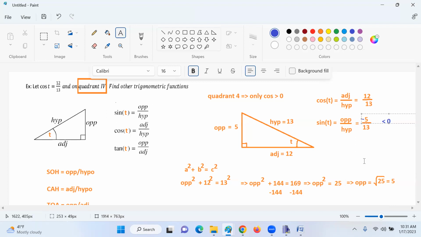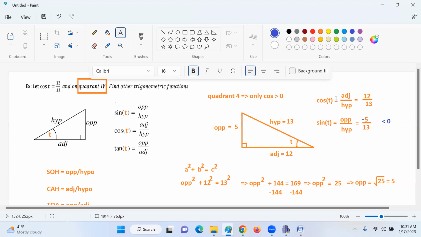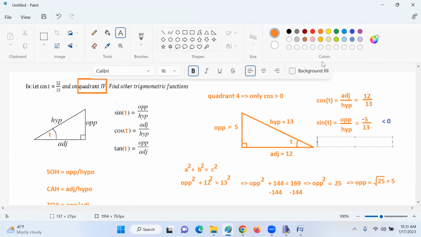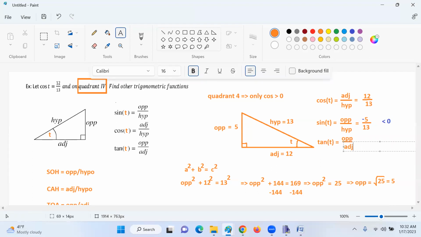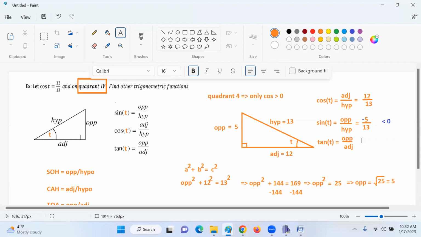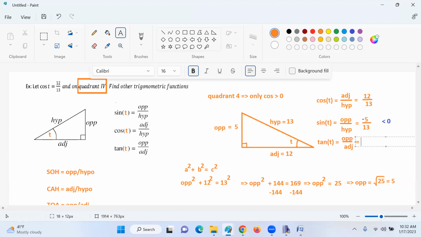Quadrant number 4 is harder because we understand that the sine will be negative. On the other hand, we can figure out the tangent, which is going to be the opposite over adjacent.